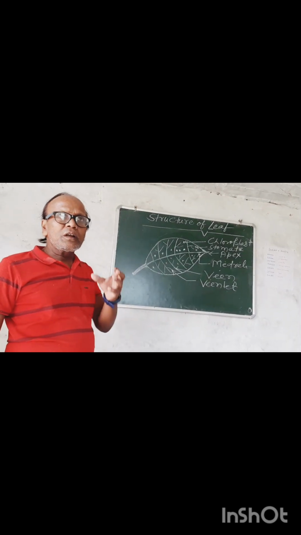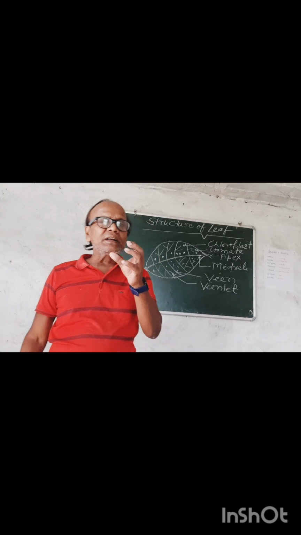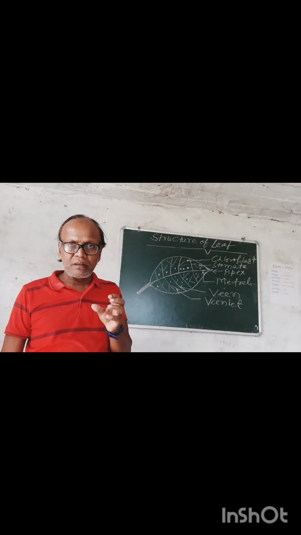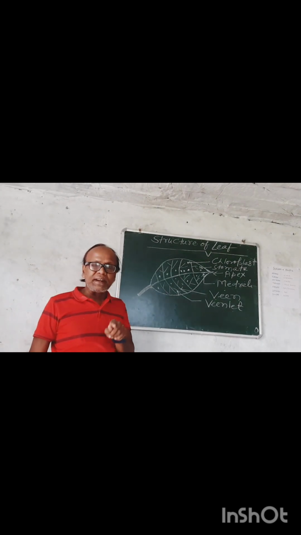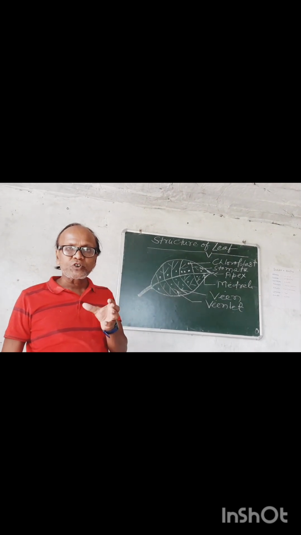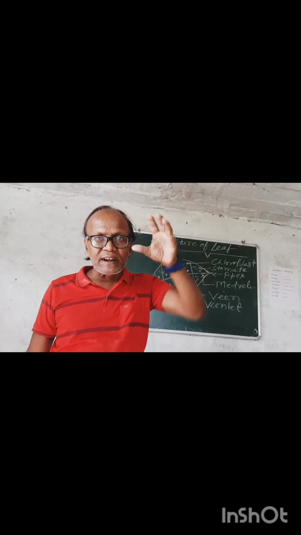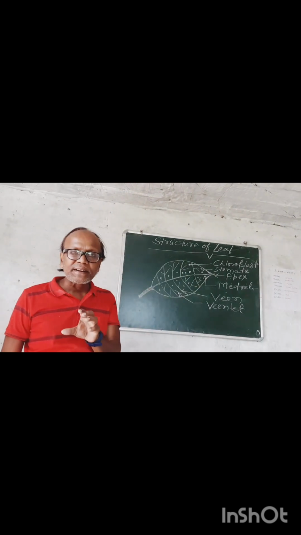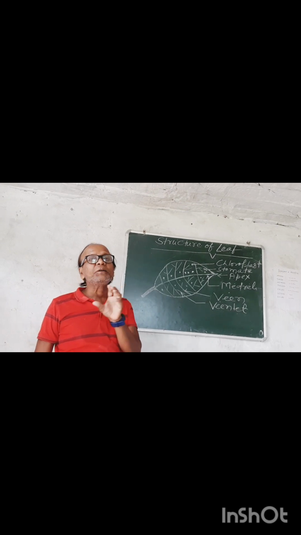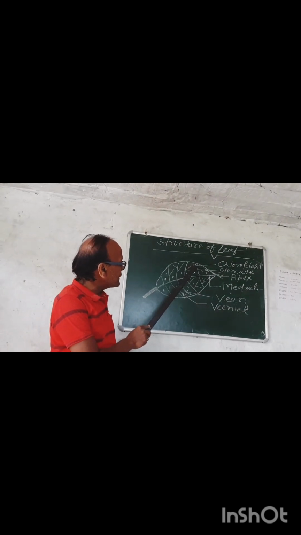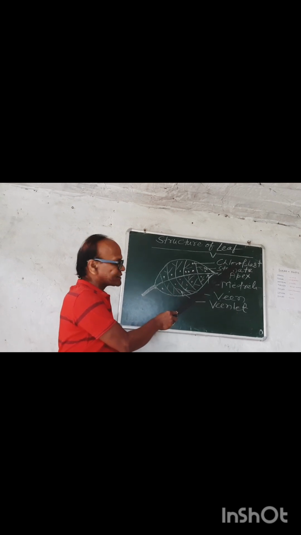Do you know, chloroplasts contain chlorophyll inside them, and that chlorophyll is able to trap the photon particles found in sunlight. These photon particles are energy particles, which are absorbed by the chlorophyll present in the chloroplast.